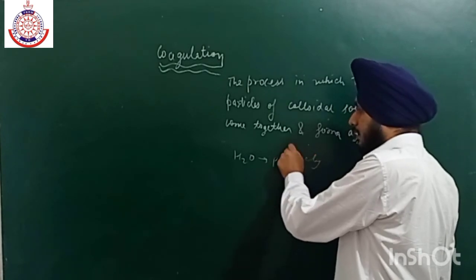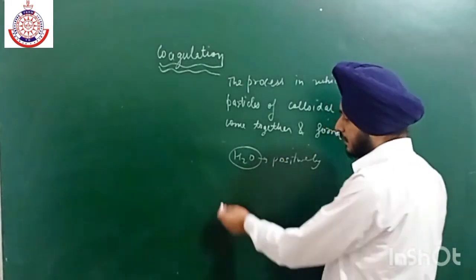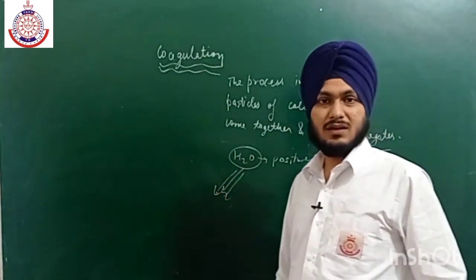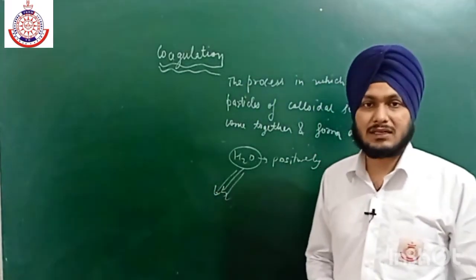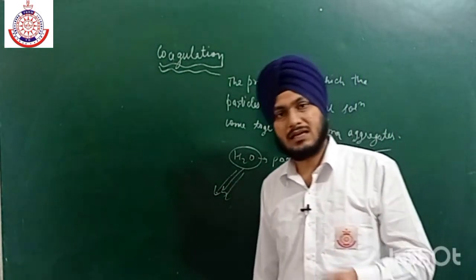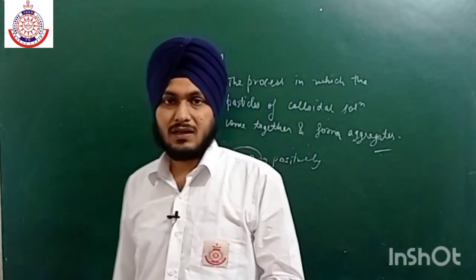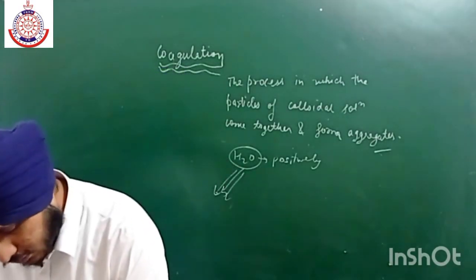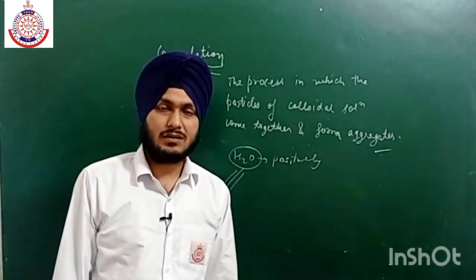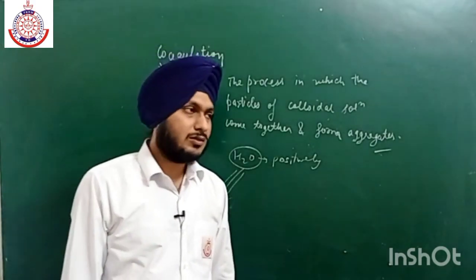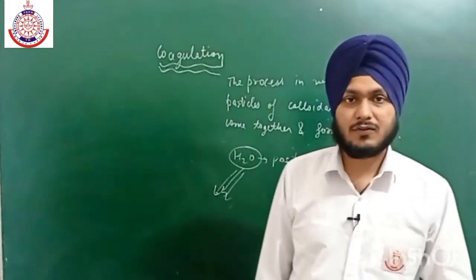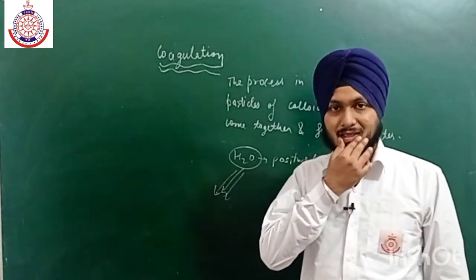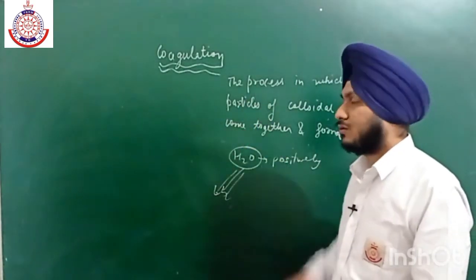In order to coagulate it, we have to add negatively charged species, because the positive charge will then become neutral with the negative charge, there will be no charge, and it will start coagulating. So by adding an electrolyte of opposite charge, we can easily coagulate any colloidal solution, and this process is known as coagulation.